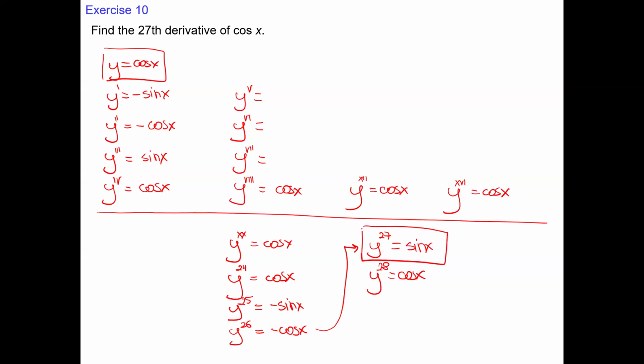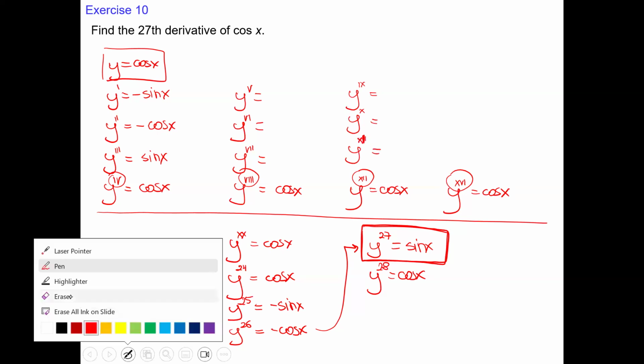Well, you may probably do it a little bit faster, but I was just going to show you that at every multiple of 4 it will be the same. You can even check this. That was 8, this will be the 9th derivative, that will be the 10th derivative, 11th derivative.